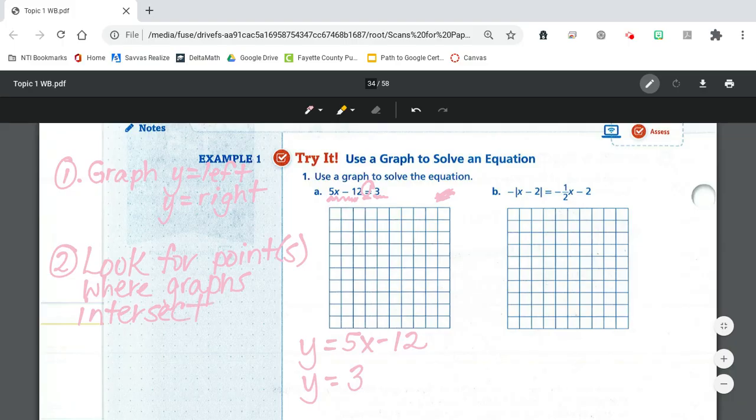Then, not only is it enough to look for where they intersect, but if you notice, our equation only has one variable, which means our answer only has one variable. So step 3 is really important because, yes, you can find the point of intersection, but to get the answer, you need to know if it's the x or the y. So if my equation is in x's, then the answer is the x coordinate.